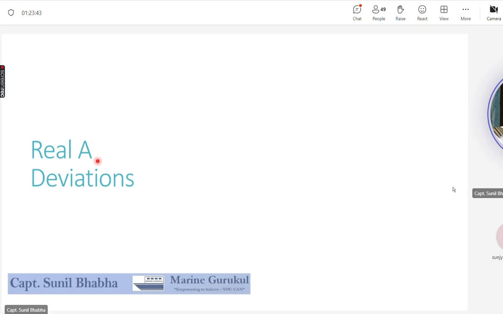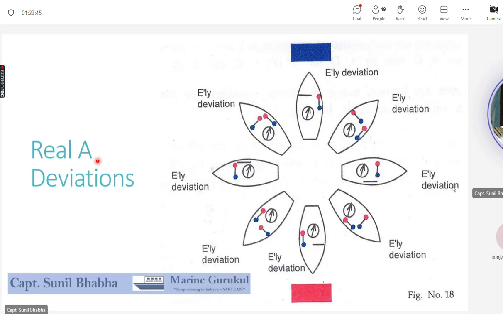Now this is understood by making a deviation diagram. For every coefficient, we will be making a deviation diagram like the one you see on the screen now. We have the ship on different headings: north, northeast, east, southeast, south, southwest, west, and northwest.